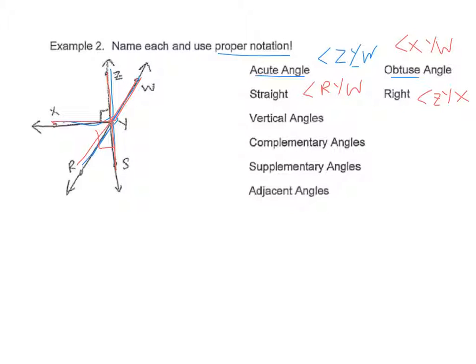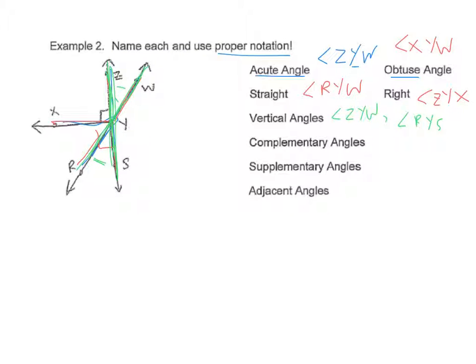So if these two lines intersect, my vertical angles are these two green ones right here. So it's angle ZYW and angle RYS. See, these two lines intersect, angles opposite are vertical.